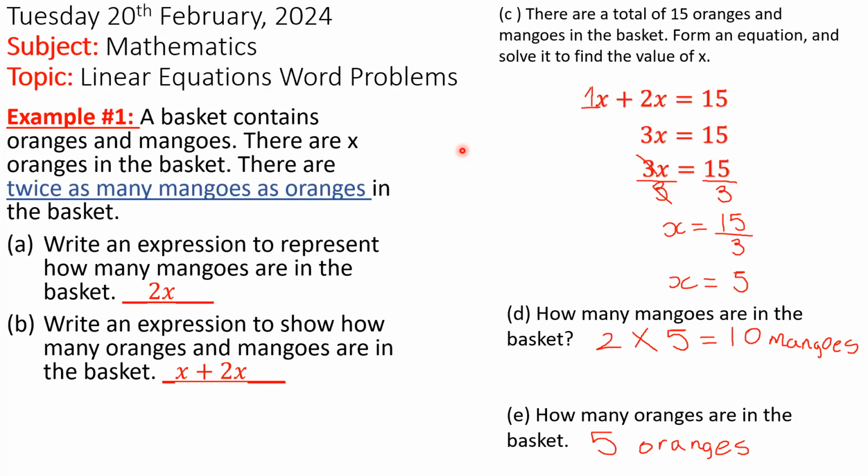We got 5 when we divided 15 by 3. Yes, sir. Okay. So 2 times 5 equals 10 mangoes. And then how many oranges are in the basket? There are 5 oranges in the basket because X equals 5. X is the oranges. Very good. Okay, good. Kingston, explain how we got our answer, please.